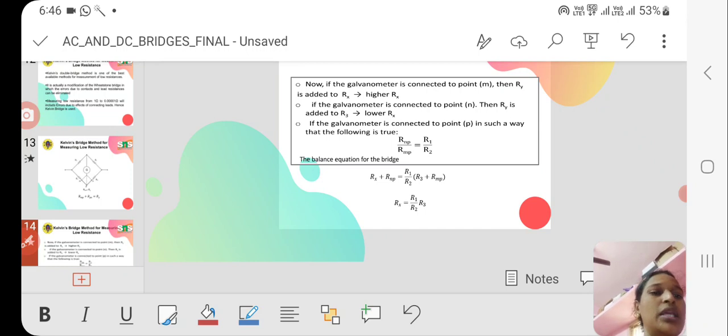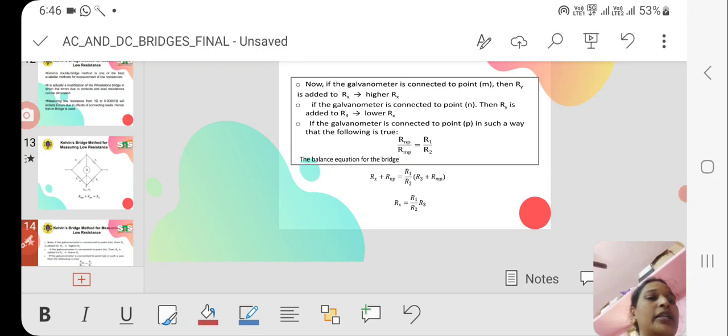So, from this equation, it is obvious that only the standard resistance and fixed resistance are included in finding the unknown resistance value, whereas the lead resistance values are eliminated. And that is why we are going for Kelvin's bridge for measurement of unknown resistance value, wherein the addition of lead resistance is neglected.